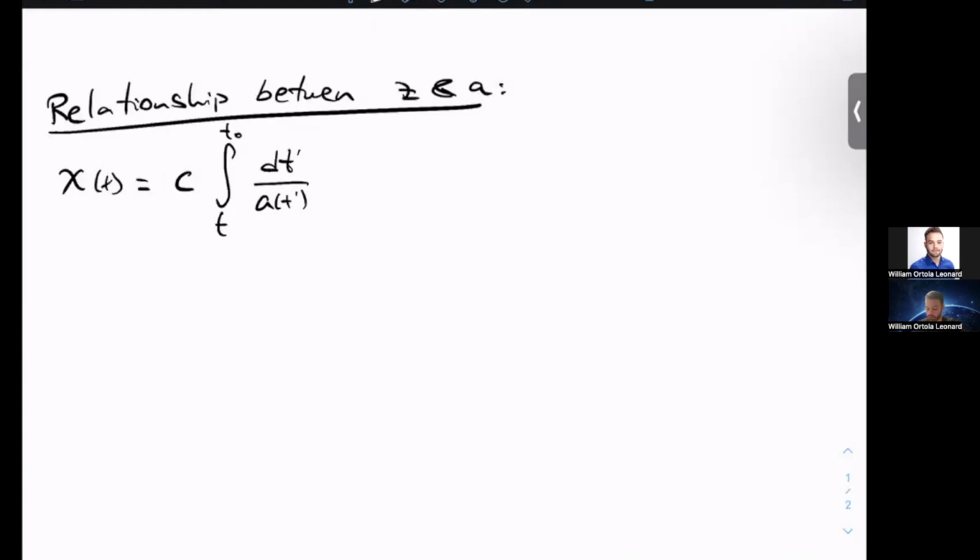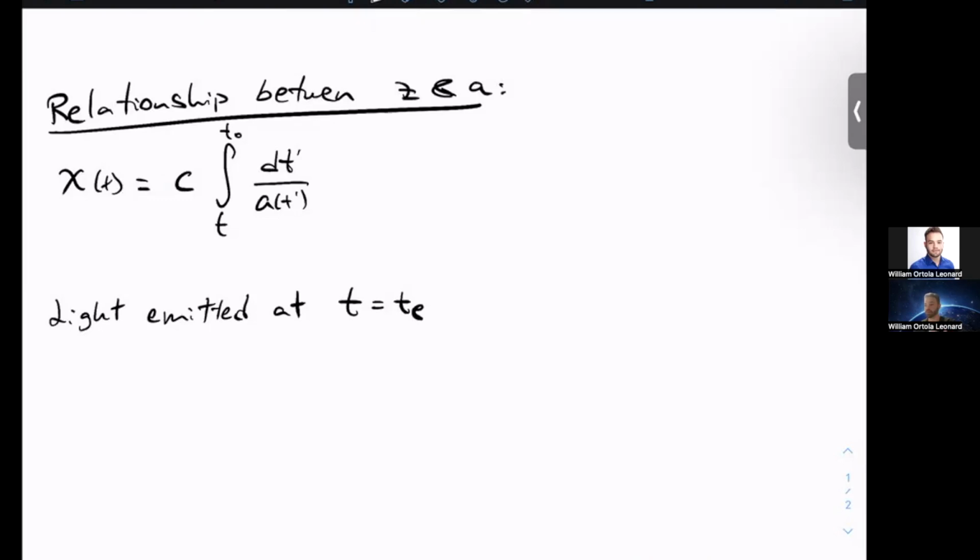Okay, so what we're going to also consider right now is a light that is emitted at a specific time t_E. And so it travels to us from a specific position in the sky, and it reaches us at a specific time t naught.